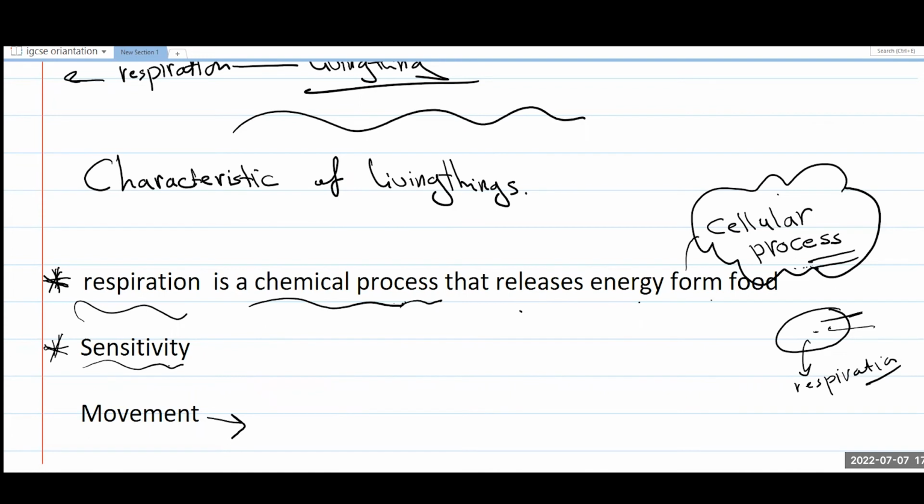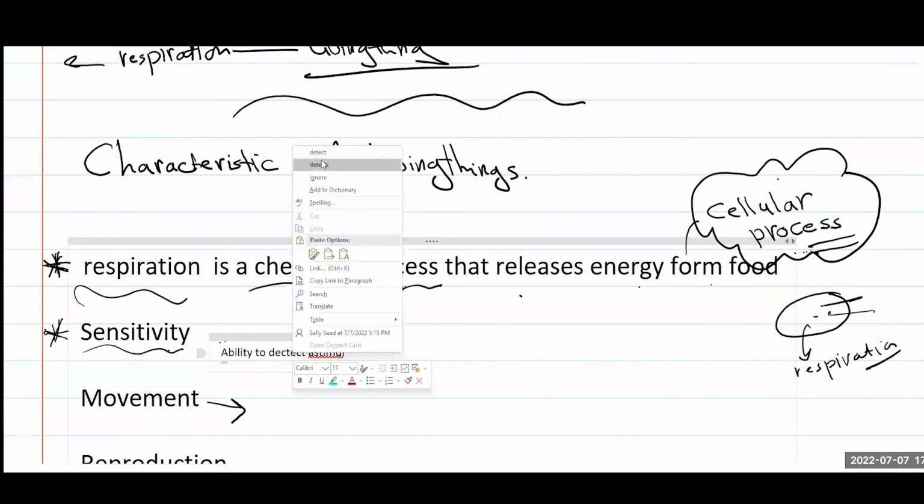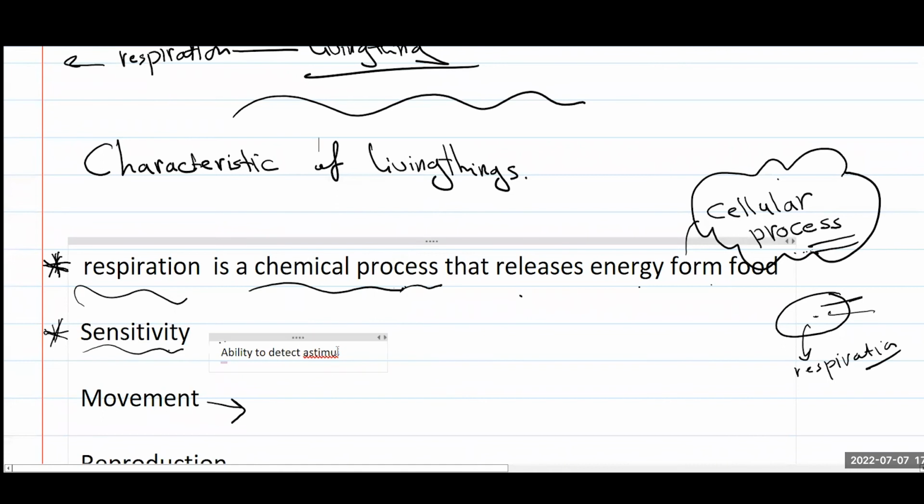Right, it is the ability. Let's write it: to detect a stimulus and give an appropriate response. Is it clear? This is for the sensitivity, right?